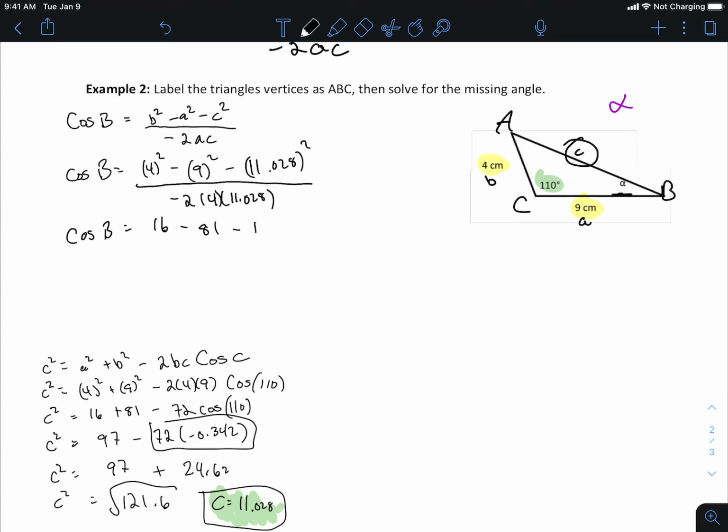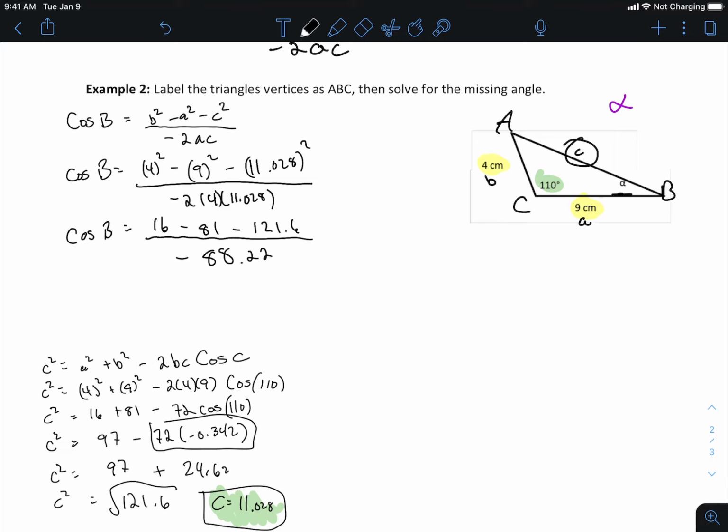That was 121.6, all divided by 8 times 11 point, so about almost 88, maybe just over 88. So it's 2 times 4 times 11.028, 88.22.